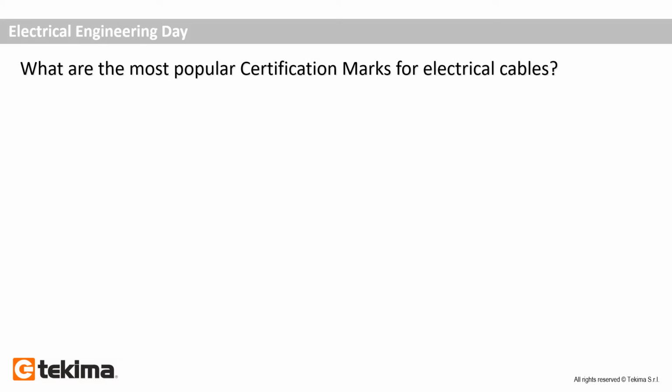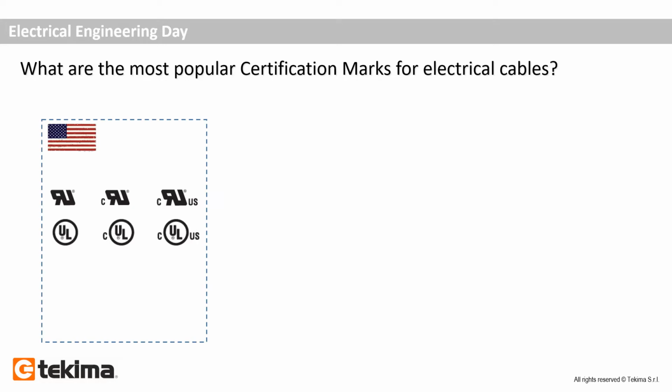First of all, it should be considered that depending on the geographical area in which I'm operating, there are different certification marks. For the USA, we see those on the left: recognized for Canada, recognized for US and Canada, and the same for listed product.